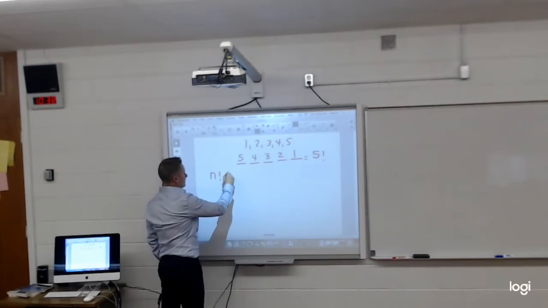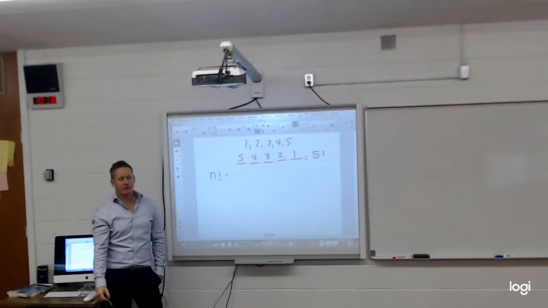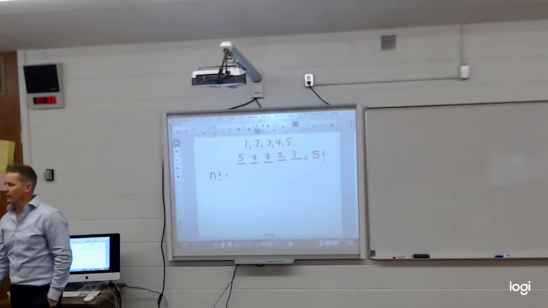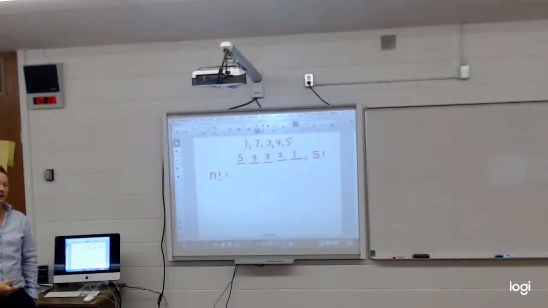Now, this is the part that gets everybody, so watch what happens here. If I have n factorial, let's look at 5 factorial for instance. I take the 5 and multiply it by the next number smaller, and then the next number smaller.